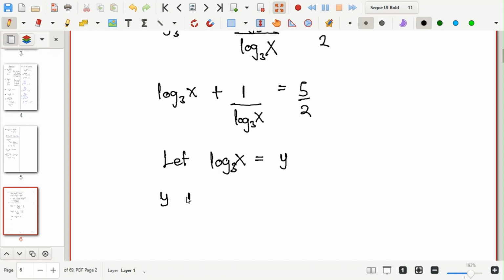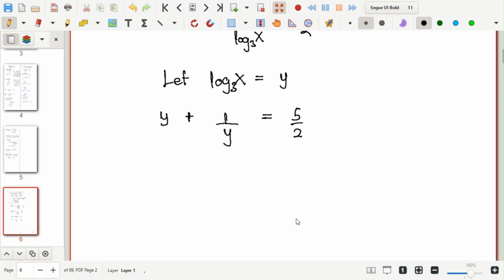So this expression could be written like this. Does it remind you of something? We can convert this to a quadratic.